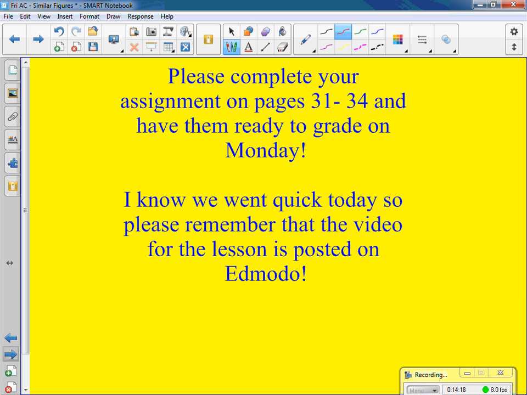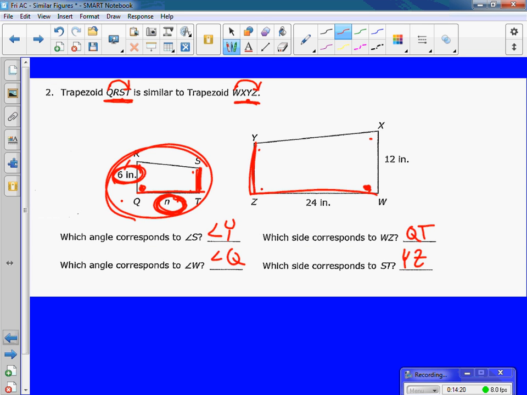Which means I can go to my other figure, and I am going to compare with n as well. So I started with 6 and I went to n, which means I should start with 12 and move to 24. So I'm comparing the height to the base, the height to the base.